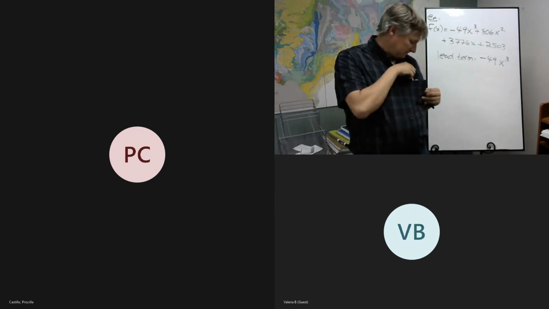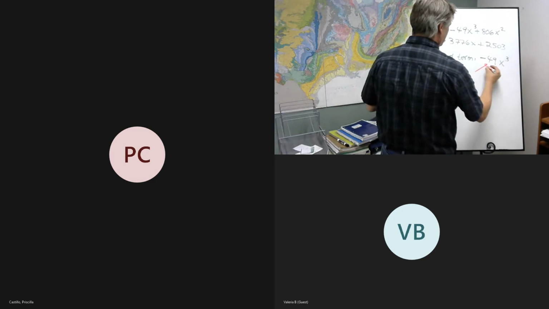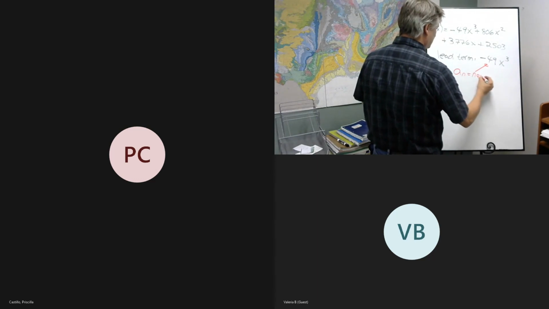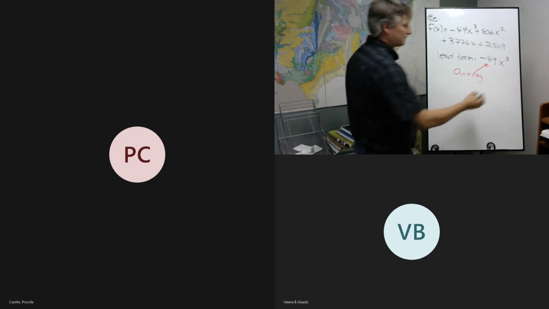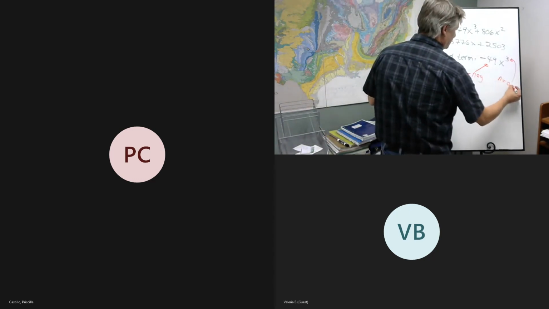And then we take a look at this. So a to the n is negative. And then n is odd.